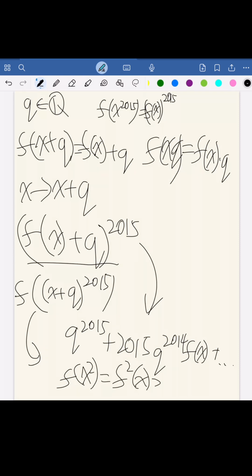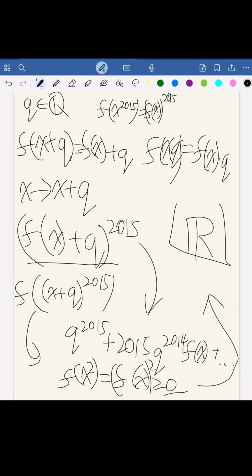And now this is larger than, I'll make this clearer, I guess. So next, this is larger than or equal to 0, and we have that it's at least 0, which means it has a bound. Therefore, we can extend the Cauchy equation to all real numbers, and we're done.